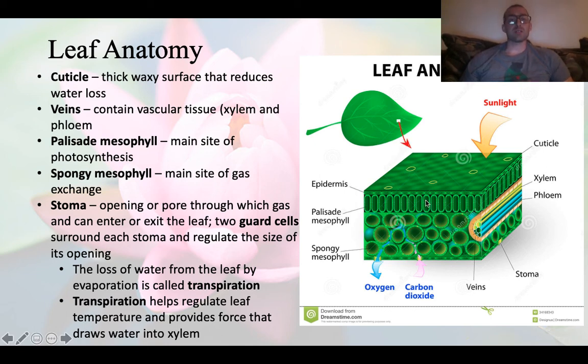A quick little aside, it's the development and proliferation of veins within leaves that scientists believe is why our angiosperms, our flowering plants, were able to outcompete the gymnosperms, the pines and conifers, right? Because if you have more veins in a leaf, you get more water to your leaf, you can then have more photosynthesis, create more food, etc.